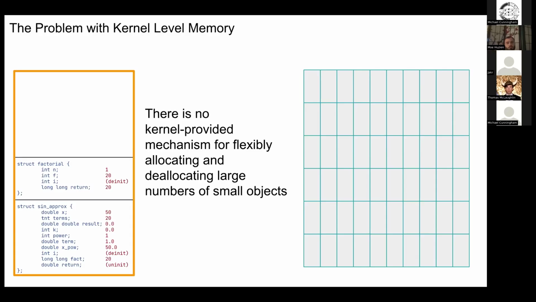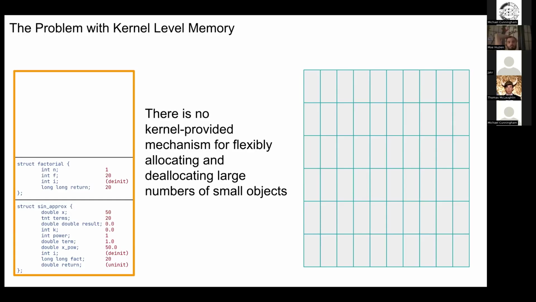So in the stack, we can do these small variables, right? Like doubles, ints, these are a couple bytes, but that's tied to code structure. That's tied to our scopes. On the heap, we're not tied to scopes, but we also just get huge 4 kilobyte allocations.